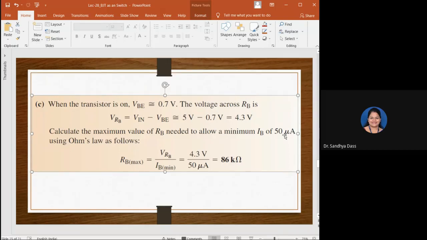So for this base current, what should be the value of RB? Hope you are with me. That is the KVL. The solution is given. Please go through it.